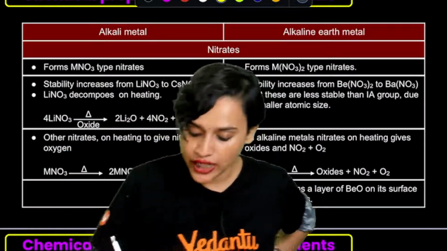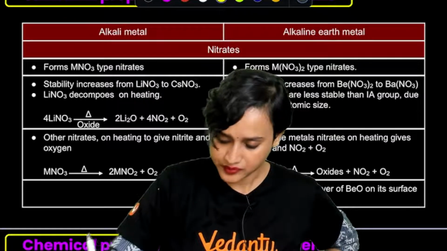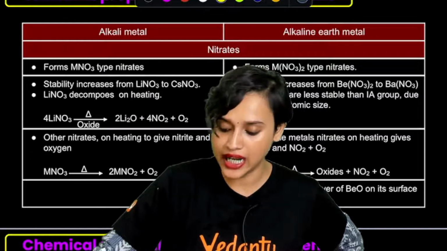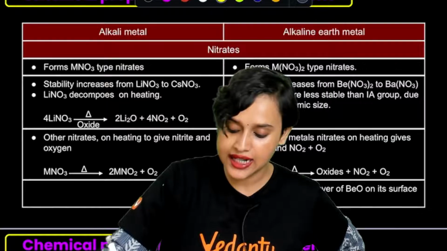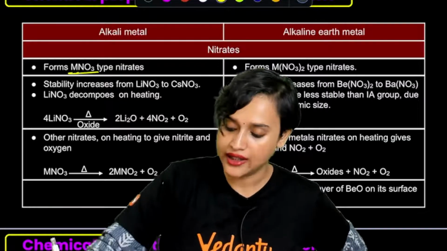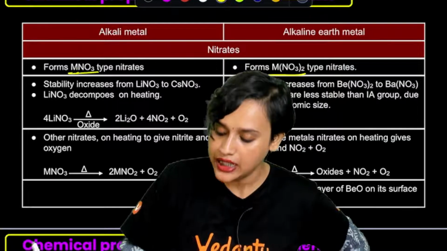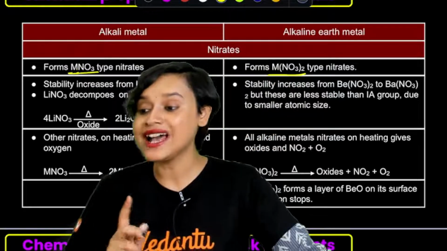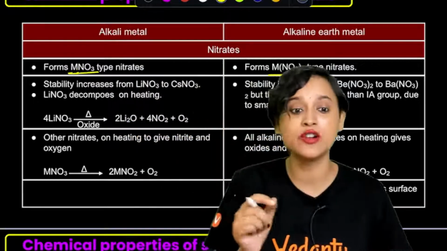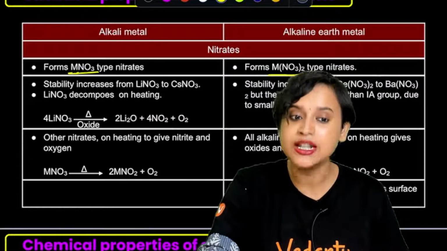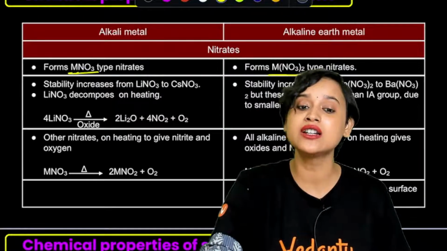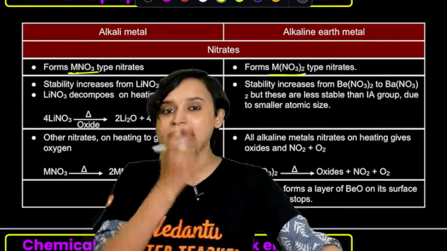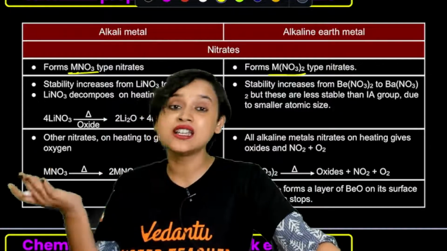Nitrates also we have spoken about: the stability increases from LiNO3 to CsNO3. Beryllium, we will also read about the diagonal relationship in some time, and we will see that beryllium shares similarities with aluminium.